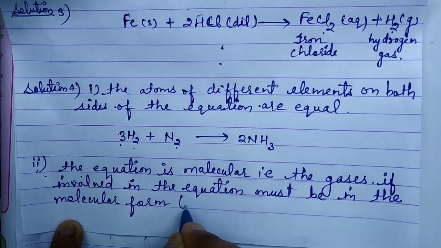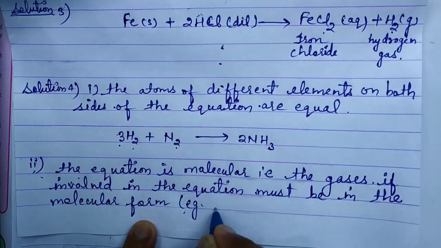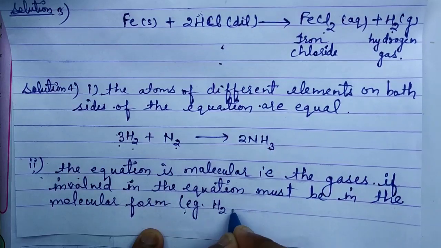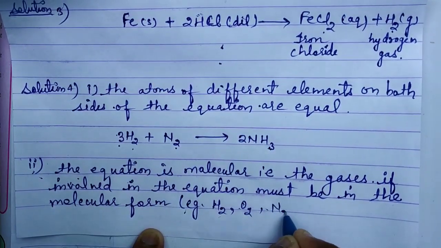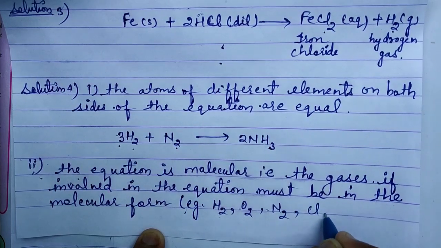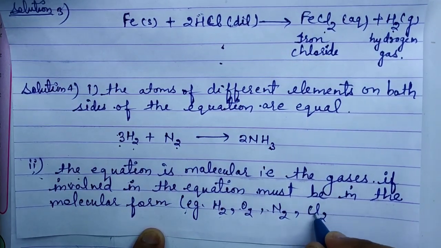For example, H2 is hydrogen gas, O2 is oxygen gas, N2 is nitrogen gas, Cl2. We have to write in this way.